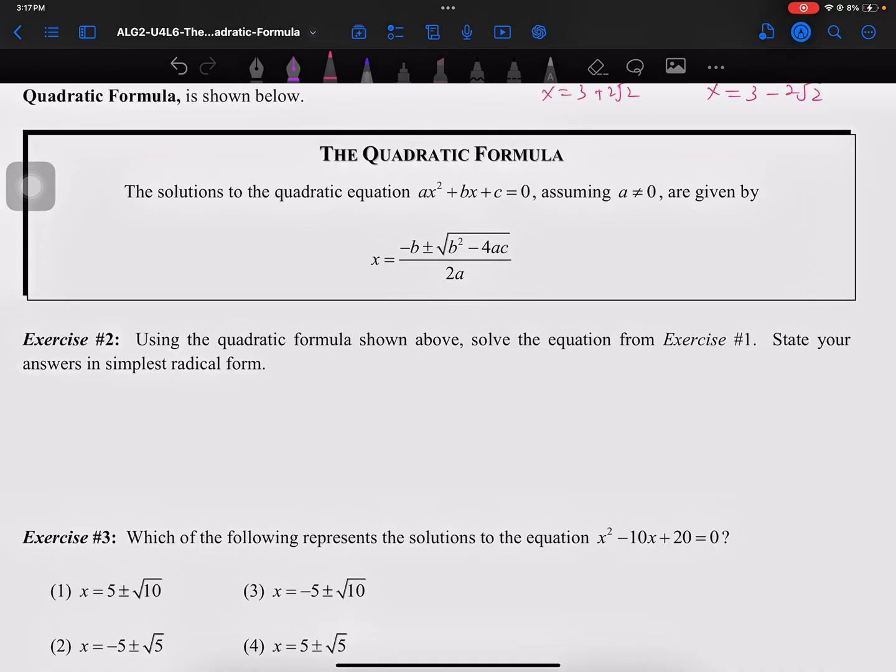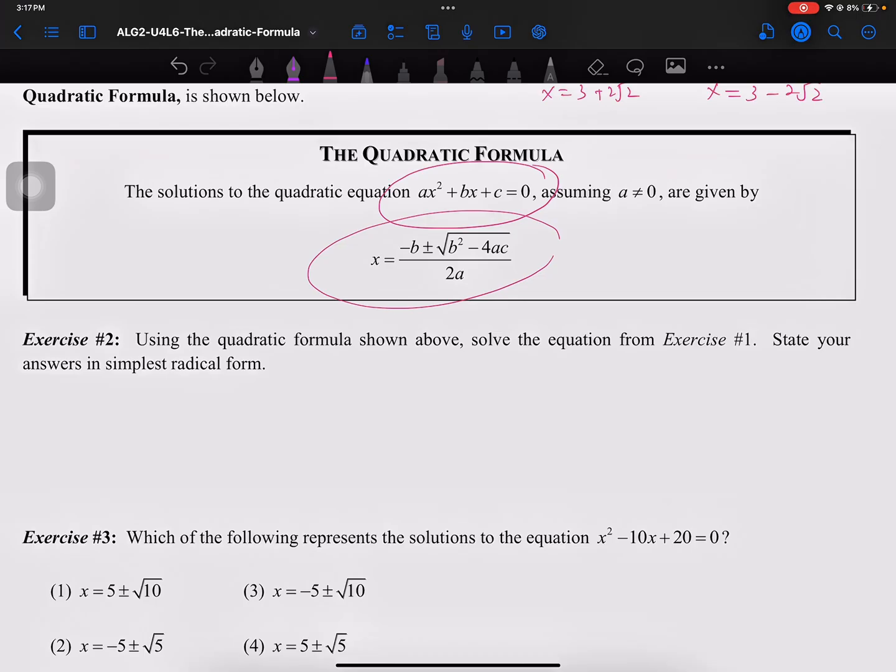Alright, so we just solved one quadratic by completing the square. If we did the same steps, but with letters instead of numbers, for the general quadratic ax squared plus bx plus c equals 0, this is our general equation. Then this is our formula. a is the coefficient of x squared, b is the coefficient of x, c is the constant term, and b squared minus 4ac is called the discriminant.